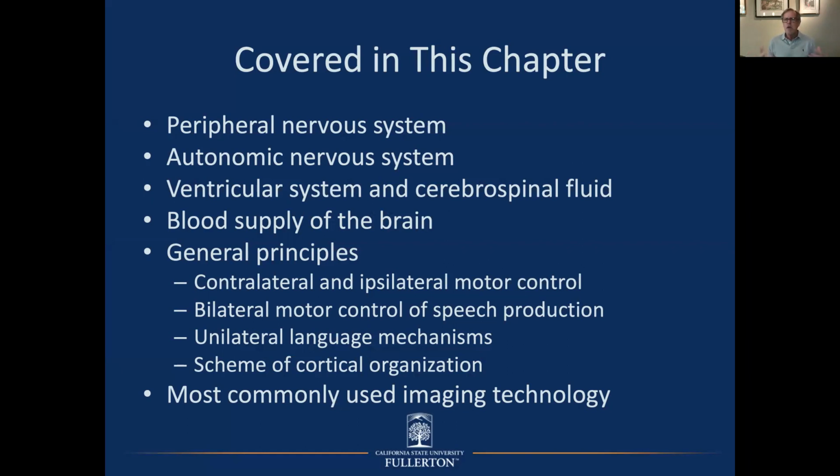It's the part of the nervous system that controls vegetative functions like digestion, for example. The place where it gets into our area of clinical study is in the area of swallowing. There is a connection between the autonomic nervous system and swallowing in addition to the production of saliva, which is a kind of a vegetative function and is controlled by that part of the nervous system.